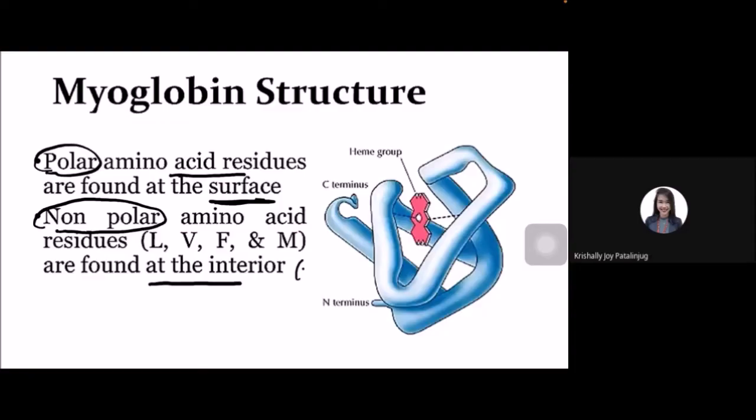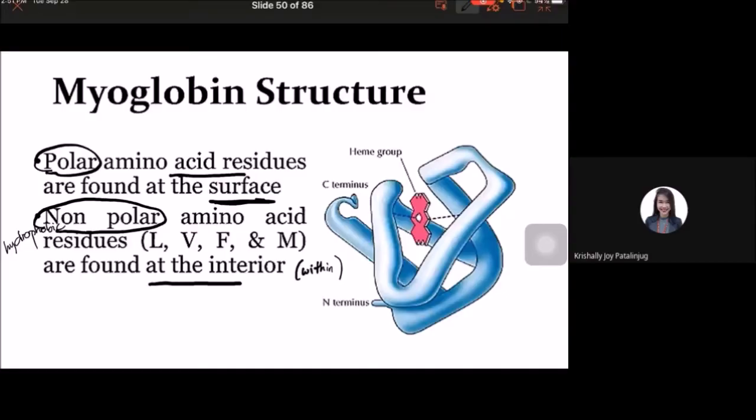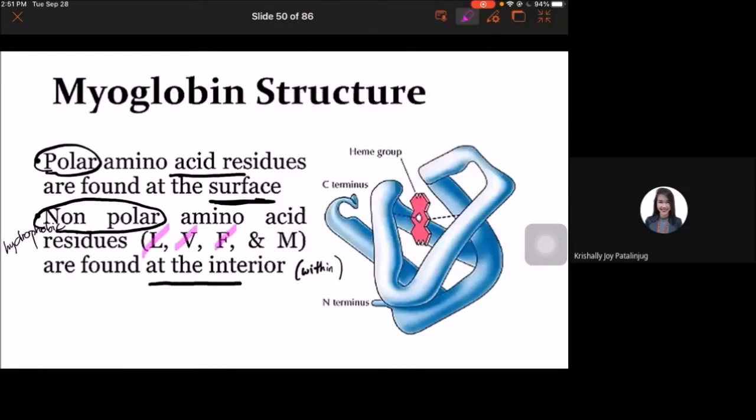Ibig sabihin, within the protein structure, nandoon yung hydrophobic, non-polar amino acids. Particularly, these non-polar amino acids are leucine, valine, phenylalanine, and methionine. If you scan over your notes on the examples of non-polar amino acids, pasok yung apat na yan. Leucine, valine, phenylalanine, methionine. These are non-polar amino acids.